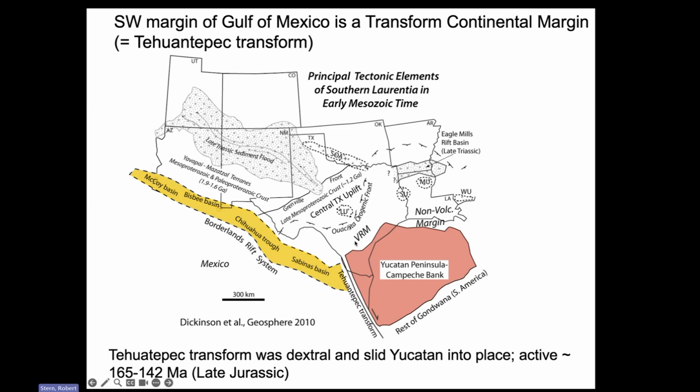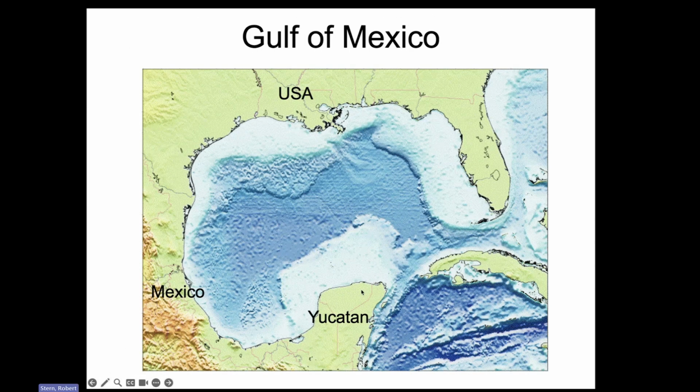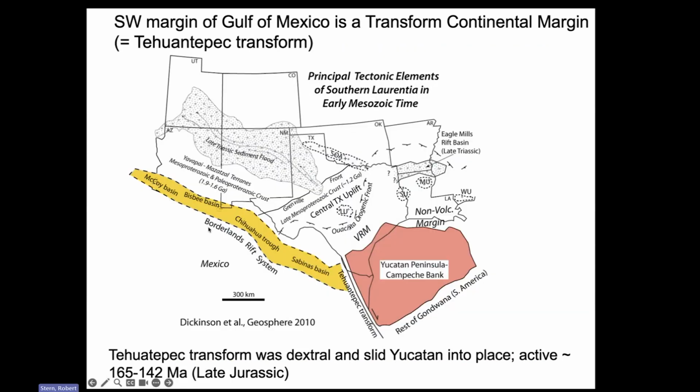And this is related to the very beginning activity related to the opening of the Gulf of Mexico. This is where the volcanic rifted margin was going to happen. This is where Yucatan Campeche Bank was. And for Yucatan to move away from Texas, this had to be a transform margin, right? And we're bringing it back together.